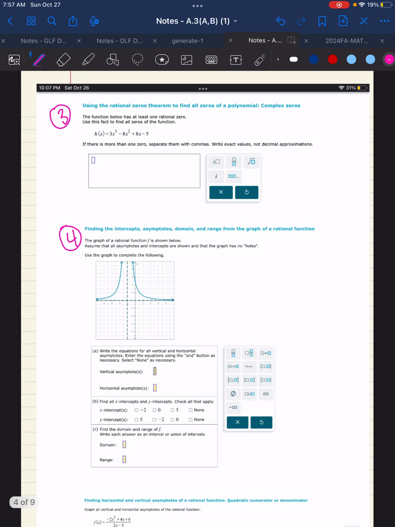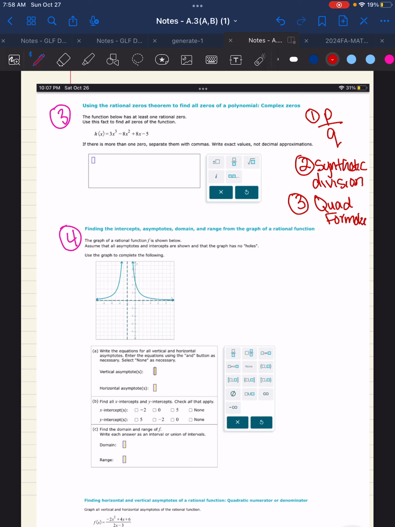Step 1 is we are going to do the rational zero theorem, which means we're doing P over Q. Step 2 is synthetic division to help us simplify so that we can do the quadratic formula, which is negative b plus or minus the square root of b squared minus 4 times a times c all over 2a.